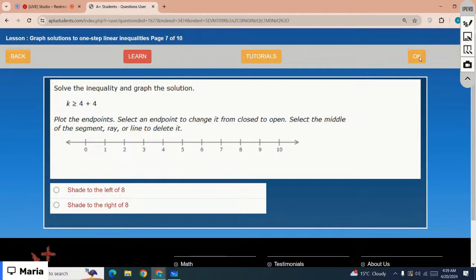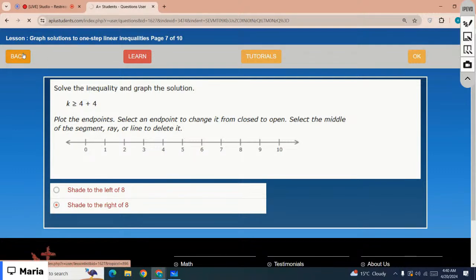So which is the correct option? Shade to the right of 8, right?